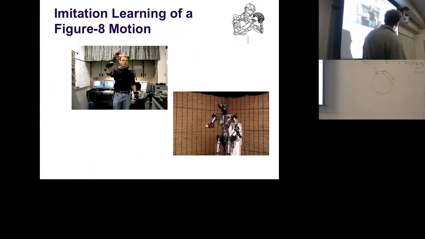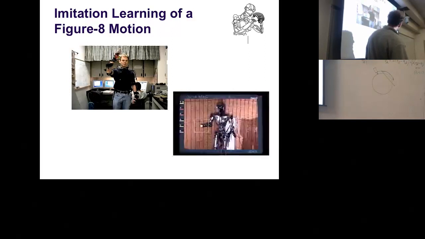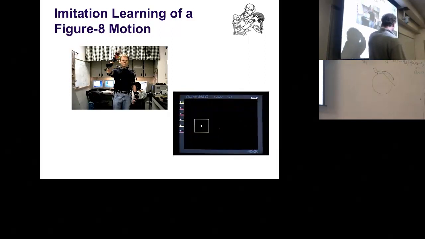So now it's doing it more slowly. Okay, fine, a younger version of me holding it. Look what's going on. Now looking at a television system, just looking at the ball.